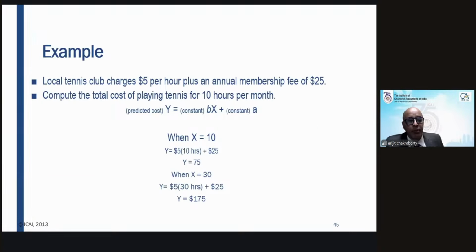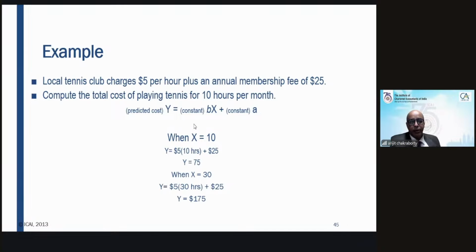Please see the simple example. A local tennis club charges $5 per hour plus an annual membership fee of $25. We have to find out the total cost of playing tennis for 10 hours per month. So we are using the simple equation y equal to a plus bx.